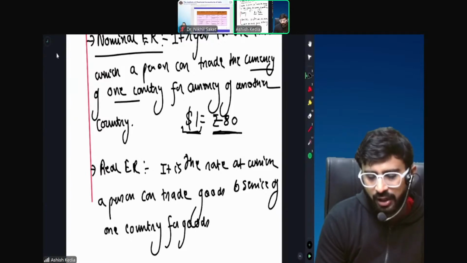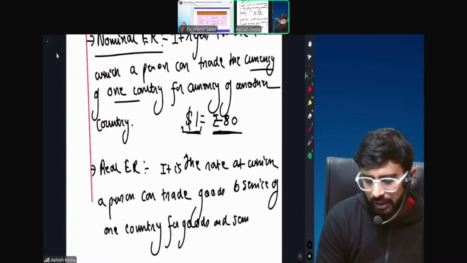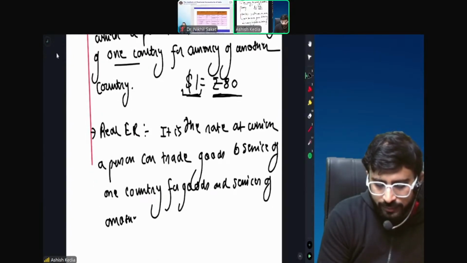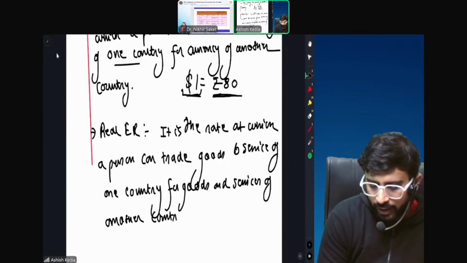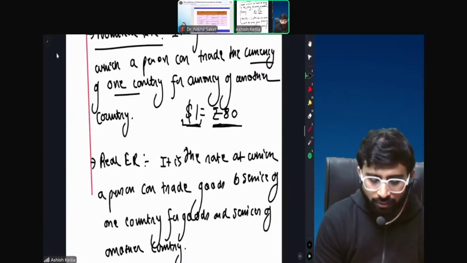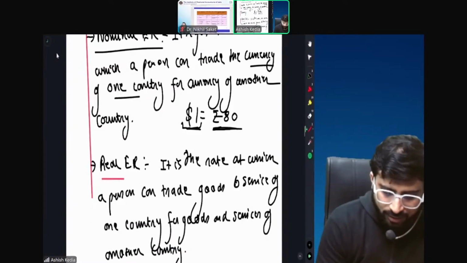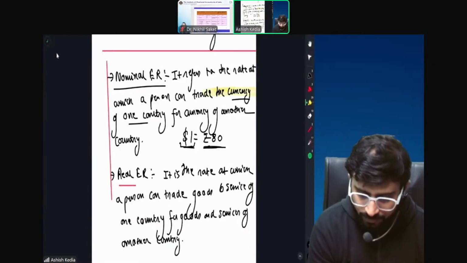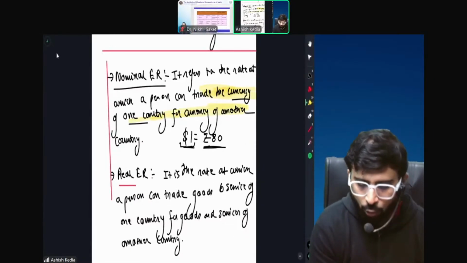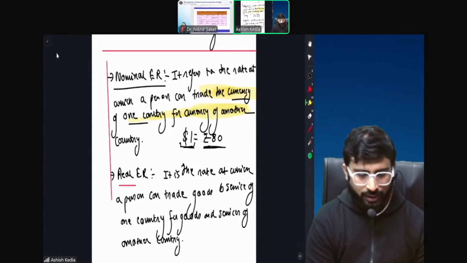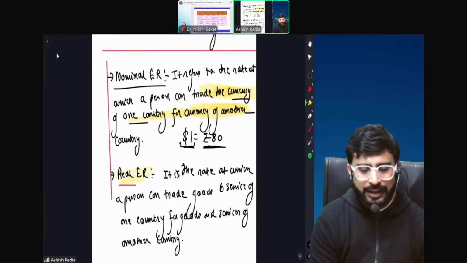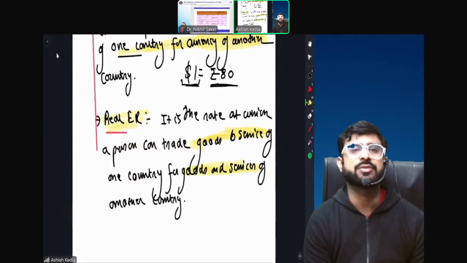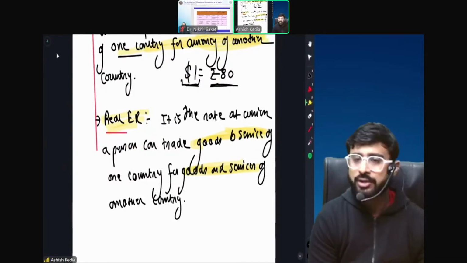So the key point is, when you were discussing nominal exchange rates, you were talking about trading one currency for another currency. But when you are talking about real exchange rate, it is about trading goods and services for other goods and services.